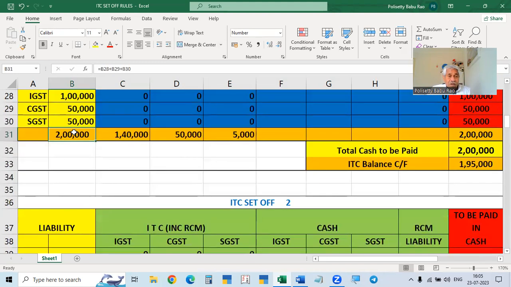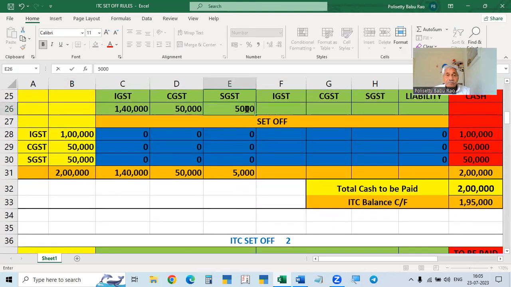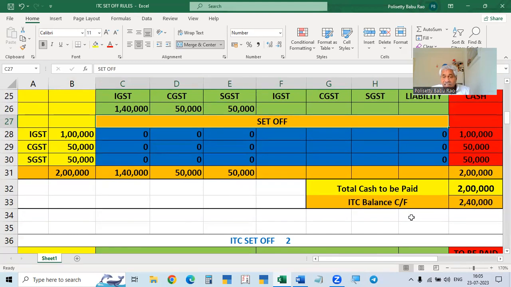So totally 2 lakhs payable, and ITC available is 2 lakh 40, sorry. So ITC available is 2 lakh 40 and the amount to be paid is 2 lakhs. It means 40,000 is still some balance of ITC to carry forward to next year.